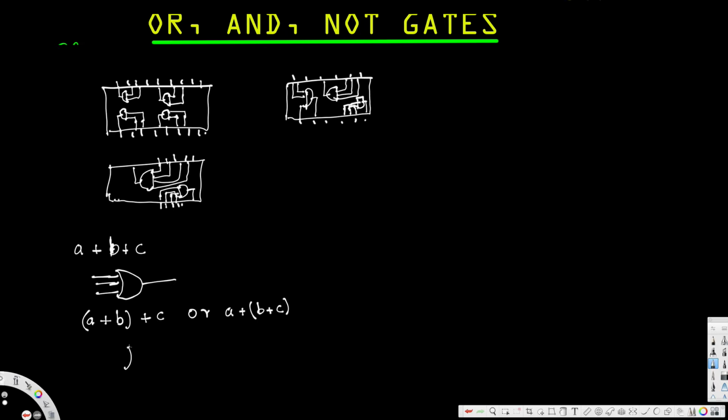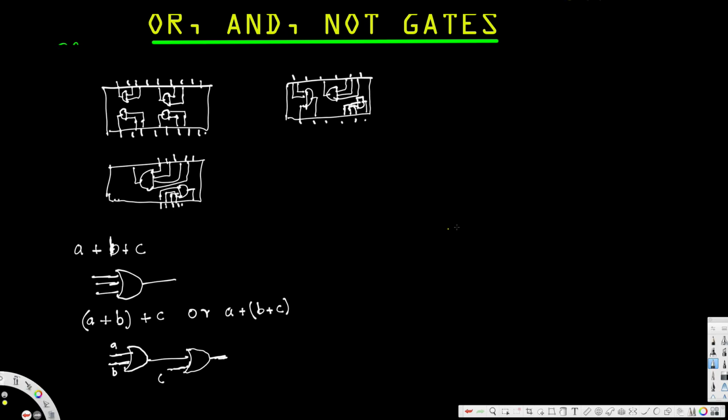So here A plus B means we have A and B connected to the OR gate, and that one connected to another 2-input OR gate. So when we don't have a 3-input OR gate, we can make the same thing using 2-input OR gates. Here we have C, and this is going to give us the same output, A plus B plus C. Okay, and let's look at something bigger.